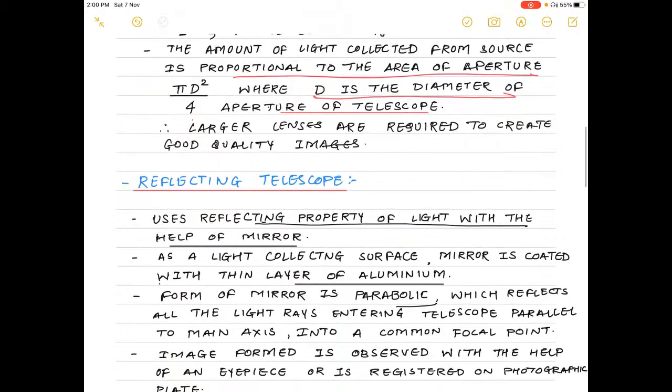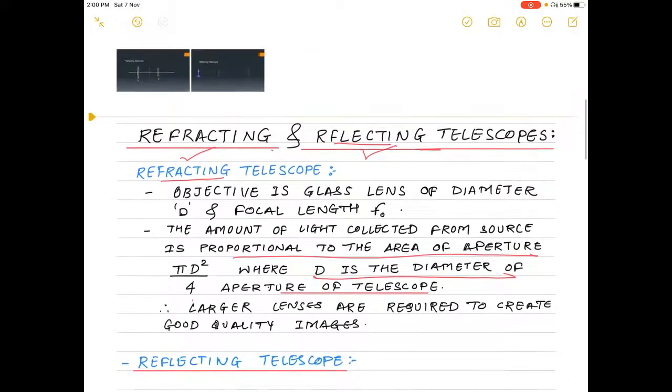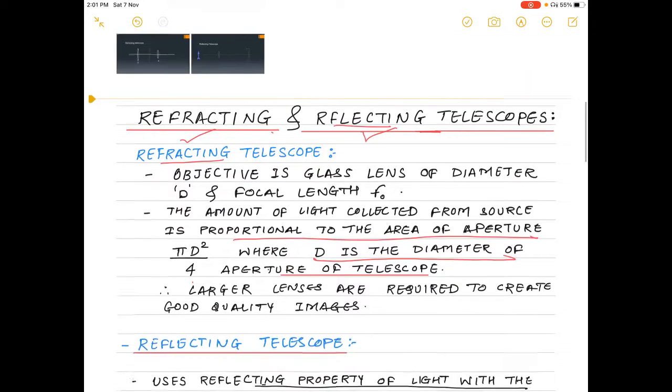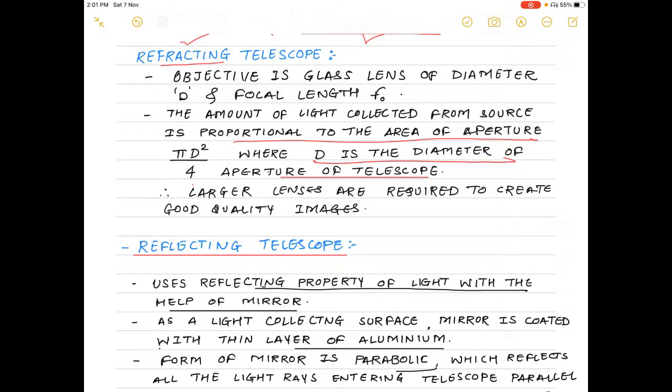Because, as we saw in the last session for the refracting telescope, the amount of light collected from the source is proportional to the area of the aperture. It affects the clearness and the size of the image formed by these telescopes. That is why the size of the objective is very important, and it can be easily increased in a reflecting telescope than in a refracting telescope.